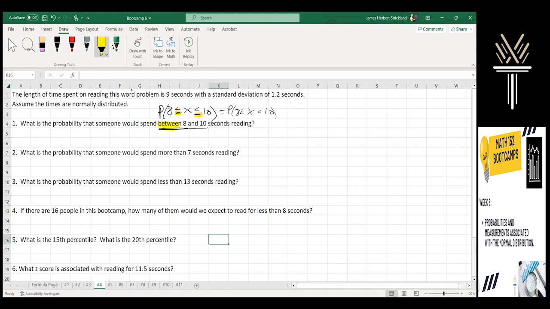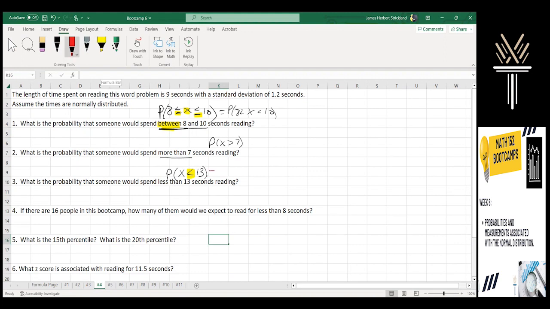And because it's between, our x must be in the middle, must be between them. Now we see the next part says more than 7. So the probability I'm looking for is bigger than 7. Then the probability is less than 13. So x is less than 13. And so real quick, if it's less than, we know what to do.